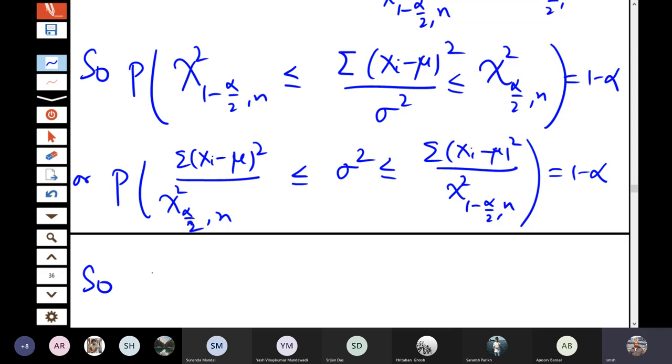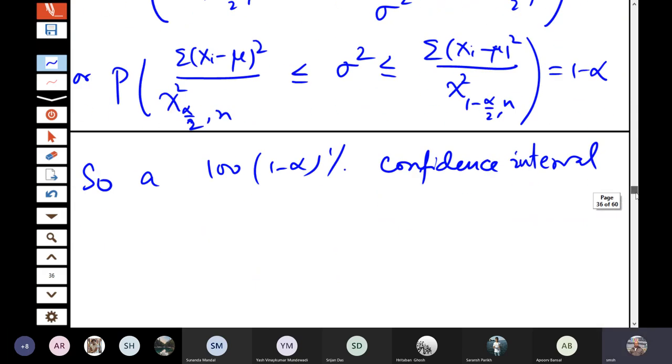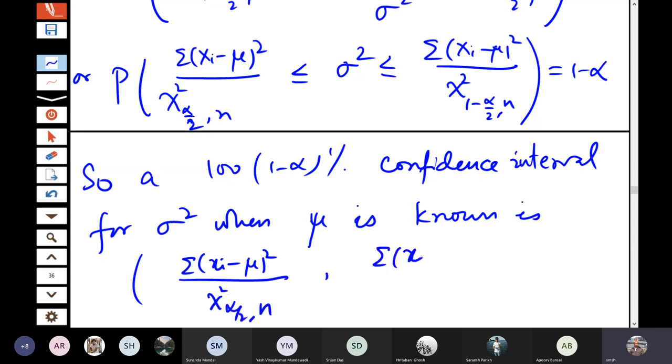So a 100(1 minus alpha)% confidence interval for sigma square when mu is known is sigma (xi minus mu) square divided by chi square alpha by 2, n to sigma (xi minus mu) square divided by chi square 1 minus alpha by 2, n.